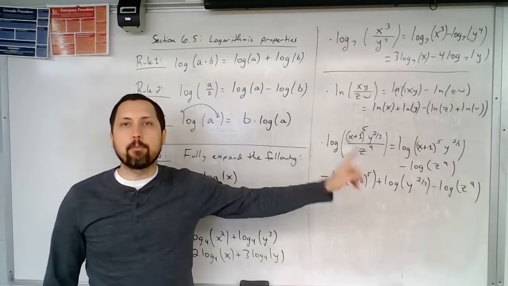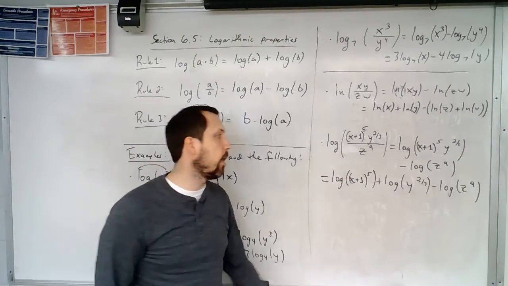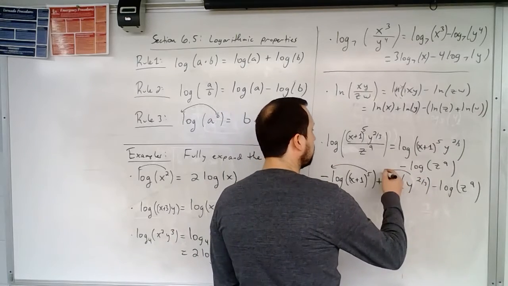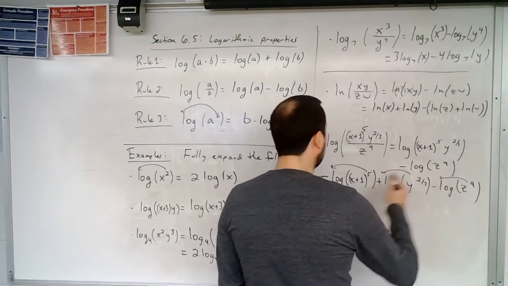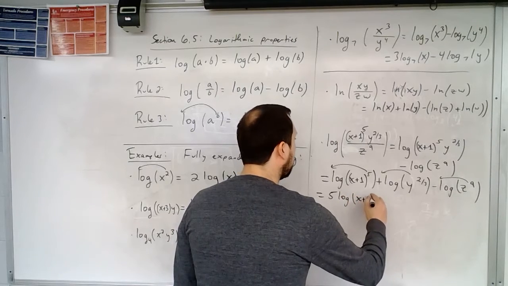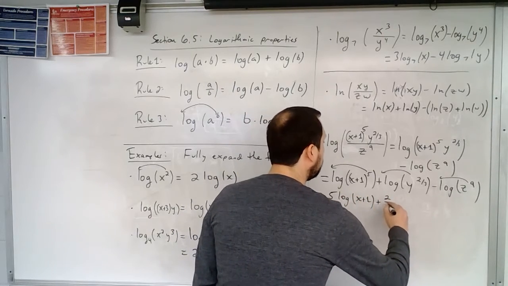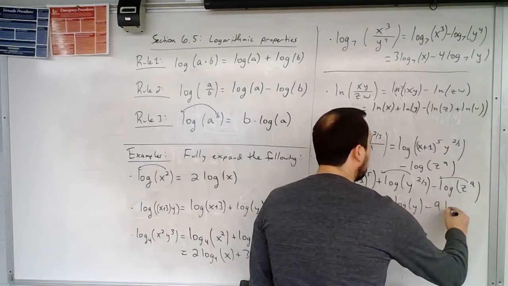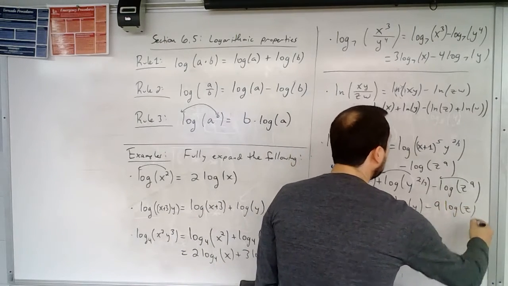Now I can bring down my exponents. 5 goes out front, 2/3 goes out front, 9 goes out front. So I have 5 log of x plus 1 plus 2/3 log of y minus 9 times log of z.